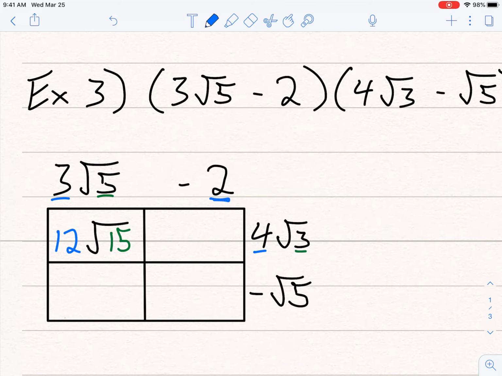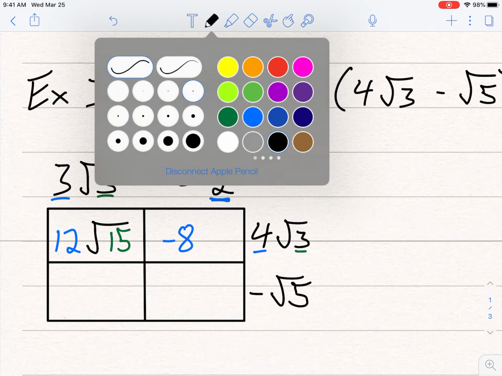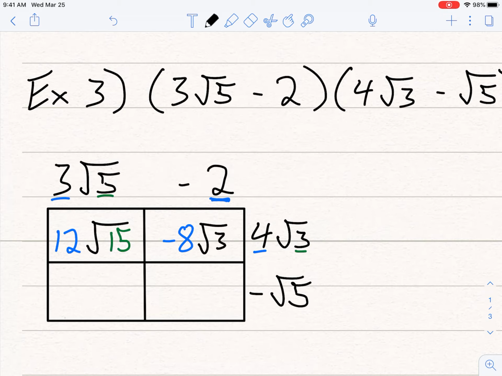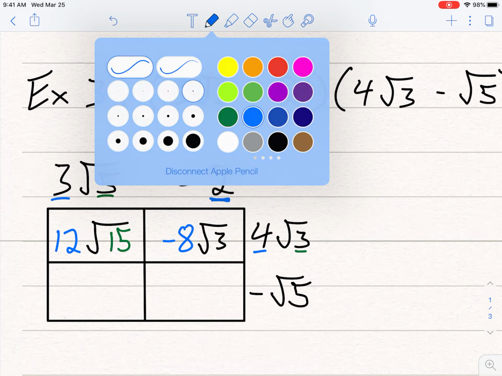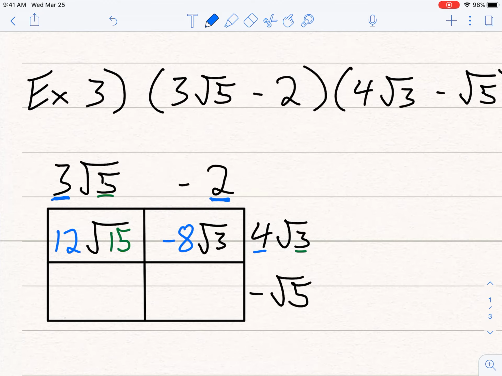And then for this negative 2, there is no radical, so I'm really just taking negative 2 times 4, and that gives me negative 8. But this square root of 3 comes along for the ride. And then if I move down to the next row, I have the 3, and then this is a negative 1 here, right?